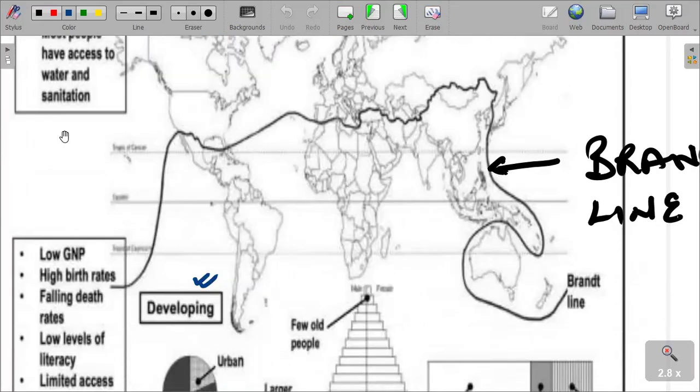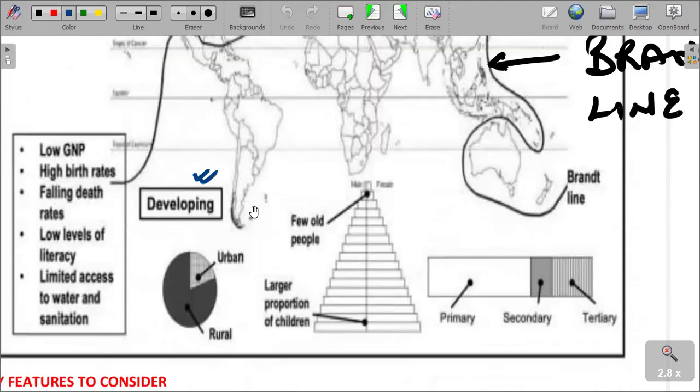So you shall see this is the Brandt line which I talked about, but we are going to explain more into that. The north is the developed and the south is the developing. You see how our developing countries have high birth rates, falling death rates, low levels of literacy, limited access to water and sanitation, as well as population pyramids.